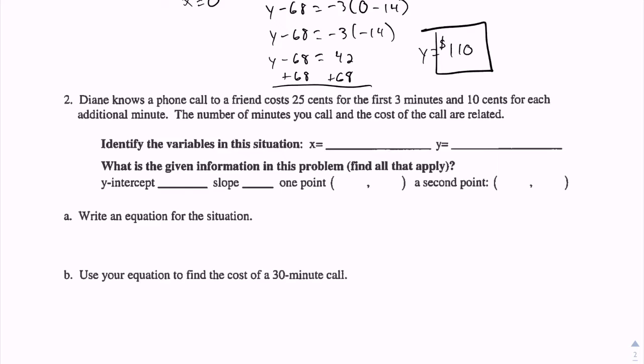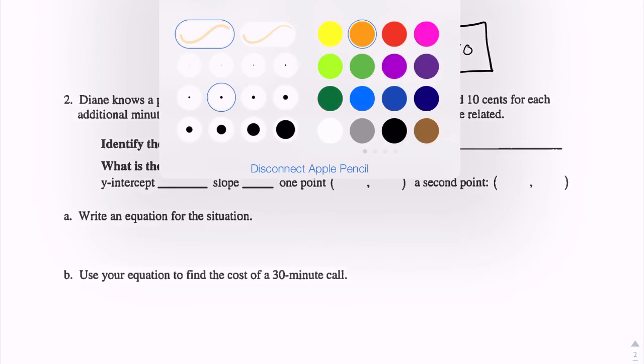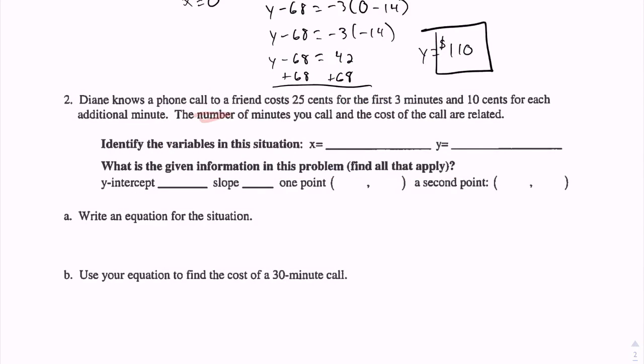Okay, so here, number of minutes, cost of the call. So here, X is going to be the number of minutes, and this is going to be the cost of the call.